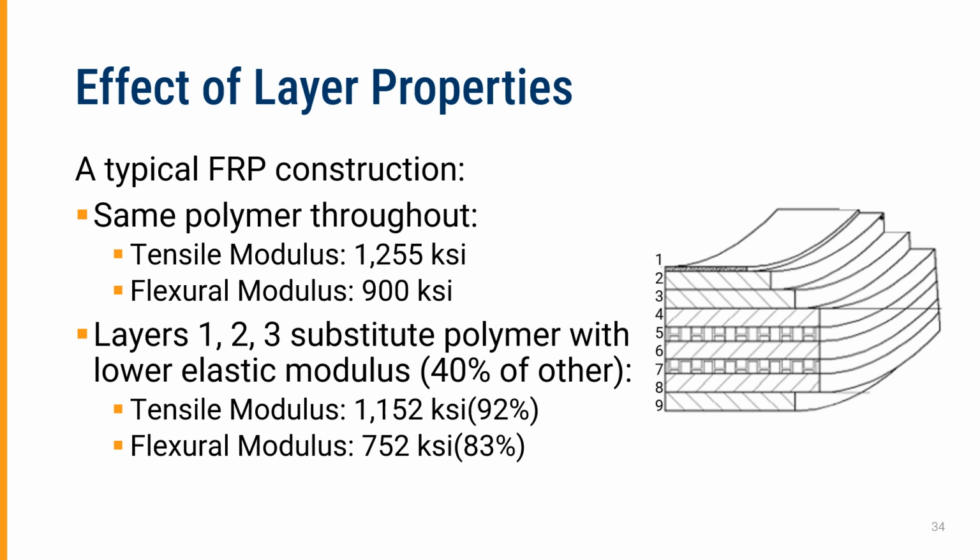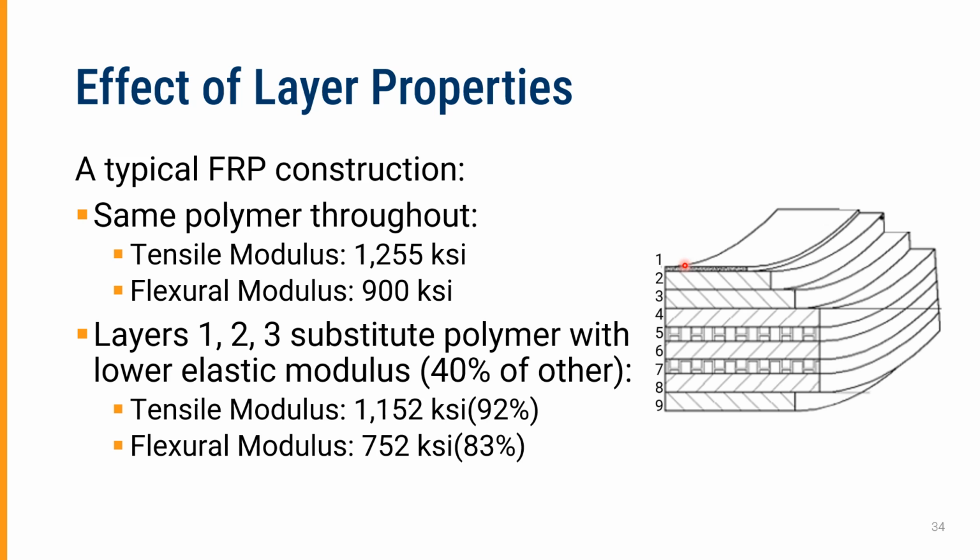Now, layers 1, 2, and 3 are the corrosion barrier, as we showed before in this example. And let's substitute a polymer in here with one with a lower elastic modulus, say 40% of the other.